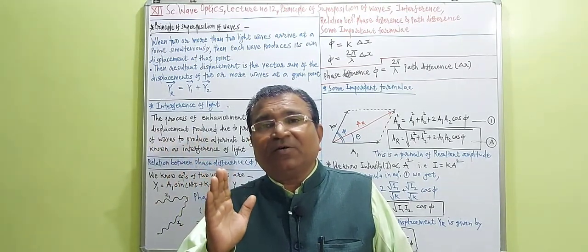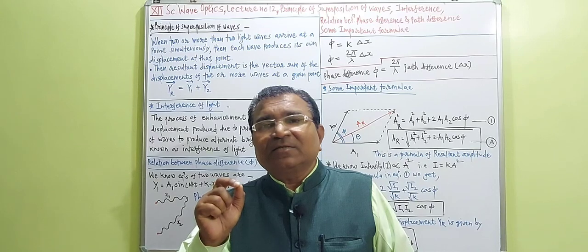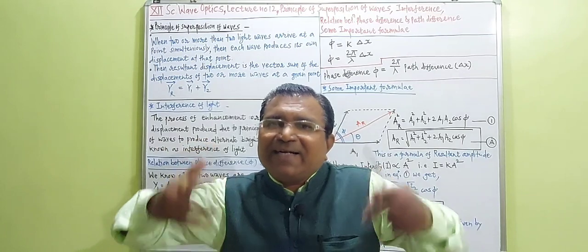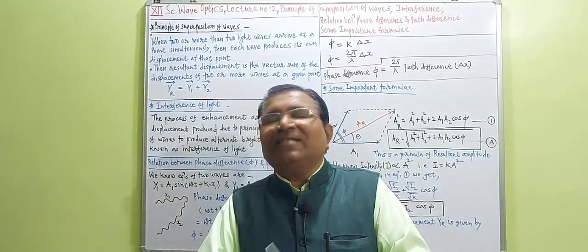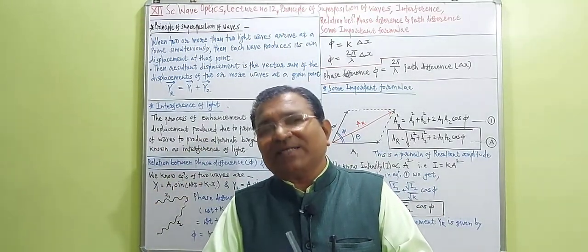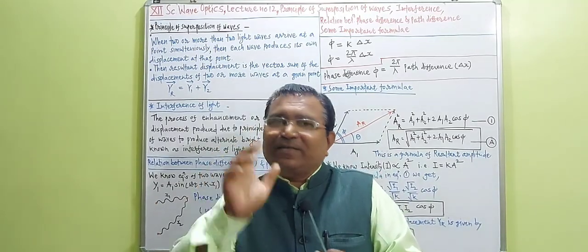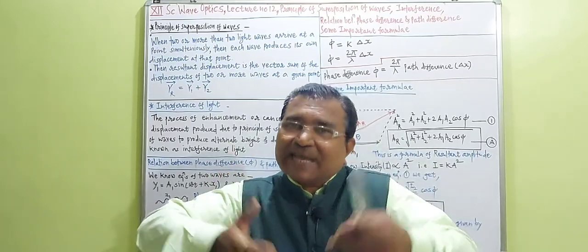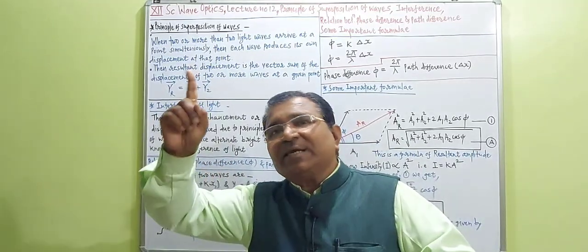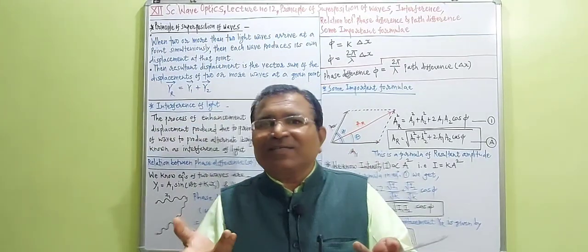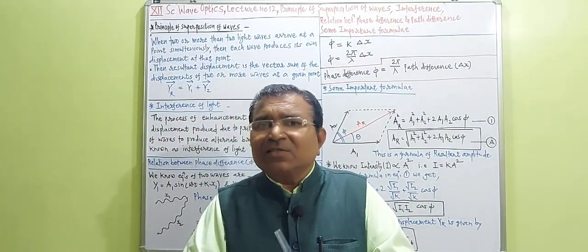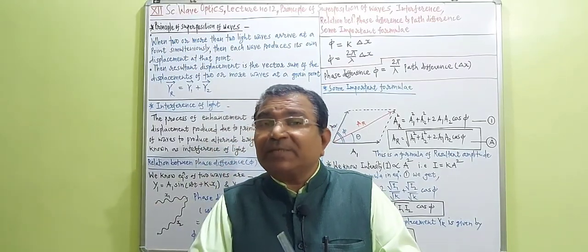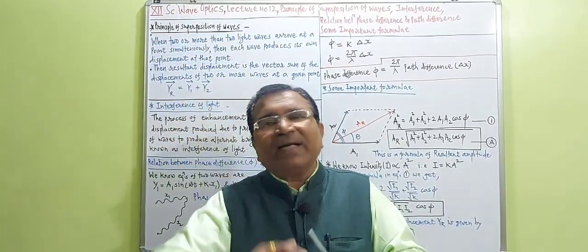Interference is a phenomenon that is nothing but the process of enhancement, where two displacements add together and there is an increase in the displacement of the particle at a particular point, or the process of cancellation, where two displacements cancel each other, one upward and another downward, so there is a cancellation.